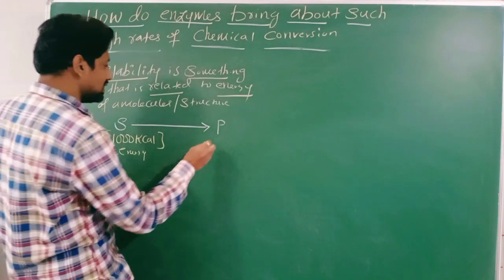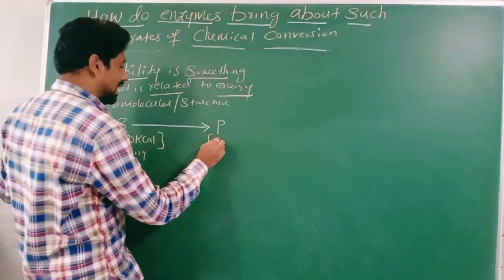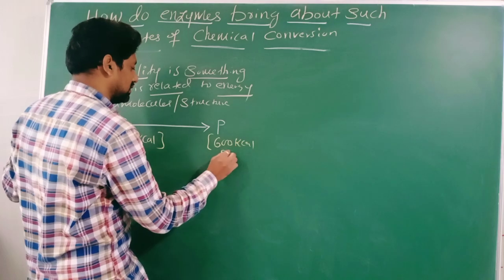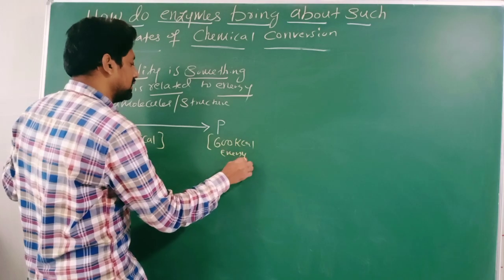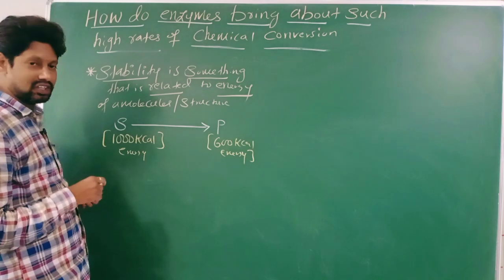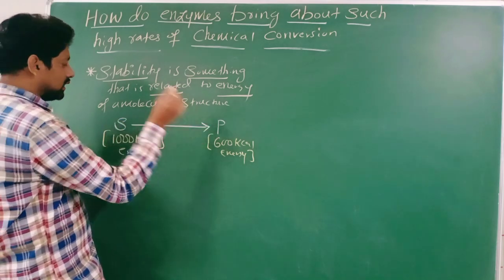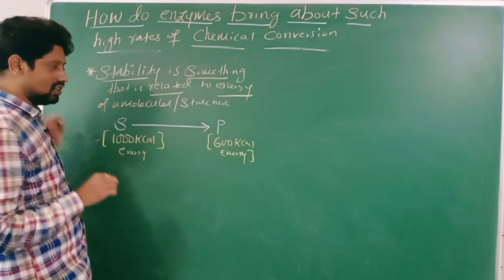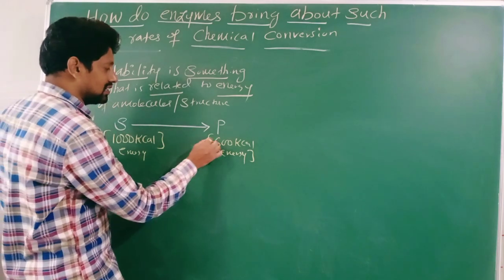When the substrate is converted into product, for example, this product has only 600 kilocalories of energy. See this reaction? Substrate has 1000 kilocalories of energy, whereas the product has only 600 kilocalories.